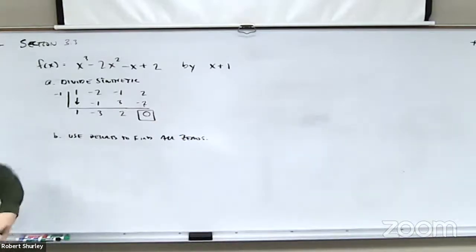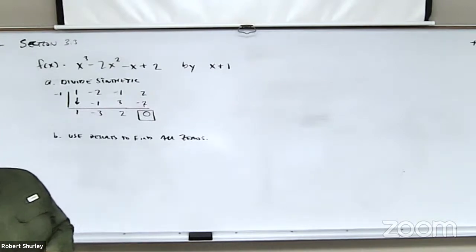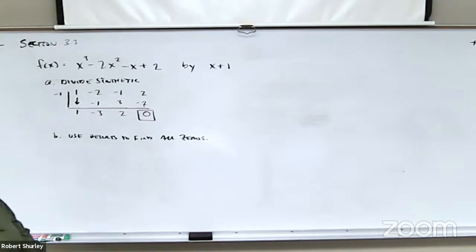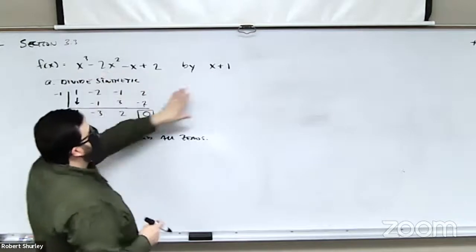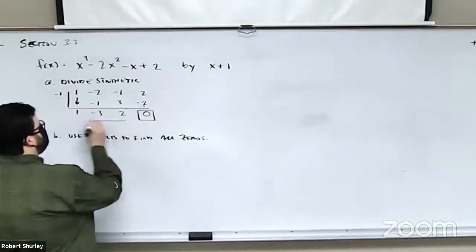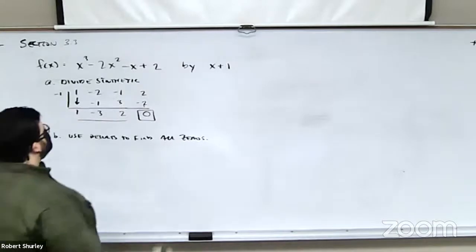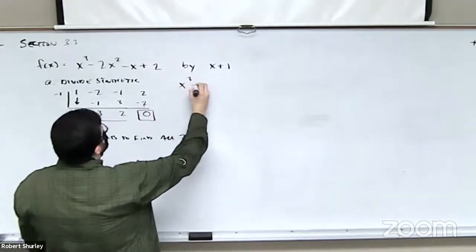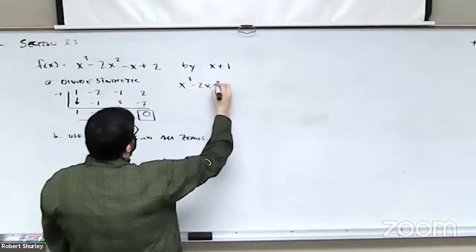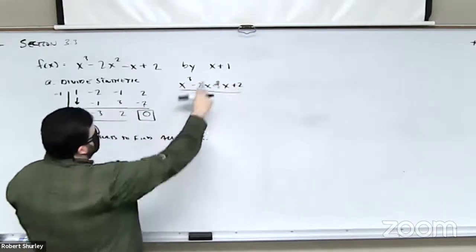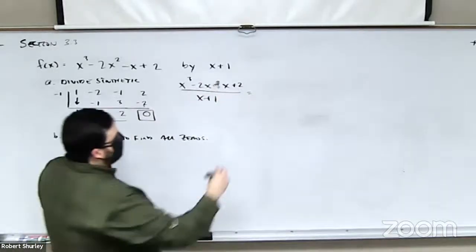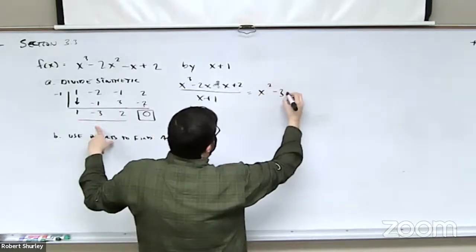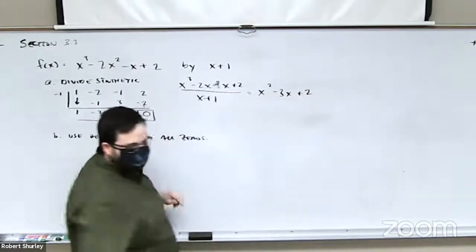It's kind of cool. So what if we found that this is what matters now? What we found is when we divide this third degree polynomial by x plus 1, we wind up with this second degree polynomial. So I'm going to write this on the side: x cubed minus 2x squared minus x plus 2 divided by x plus 1 is equal to x squared minus 3x plus 2, right?